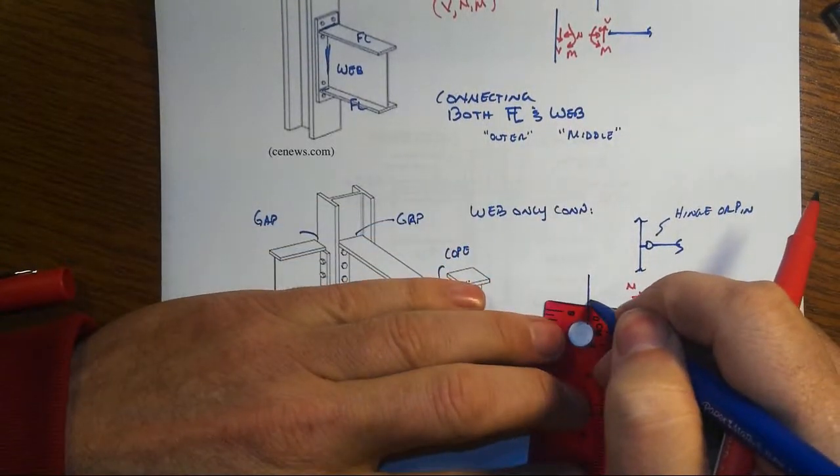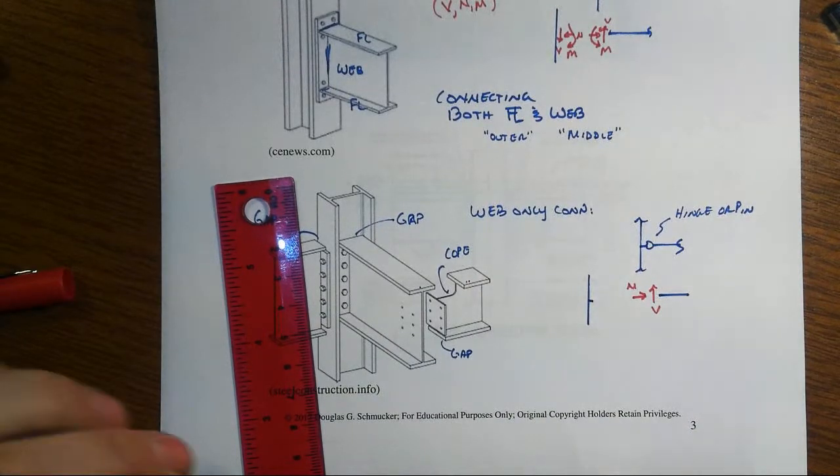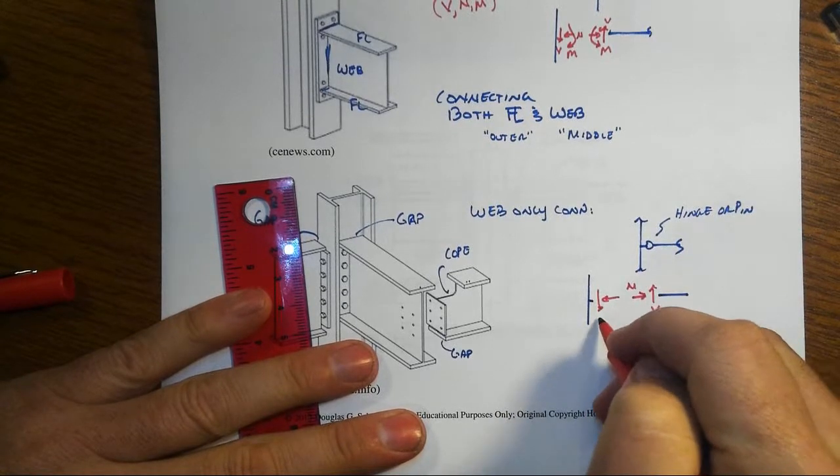So sometimes we even think about that as effectively like a roller, but it could transfer an axial force into the column.